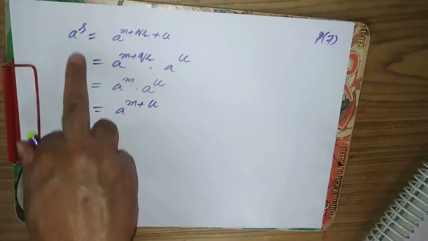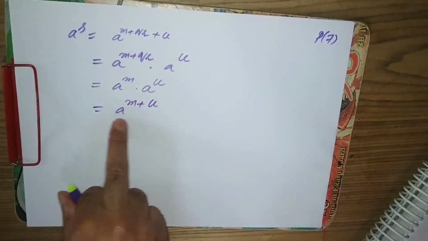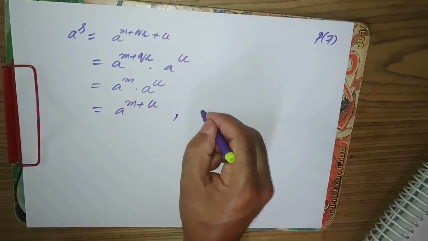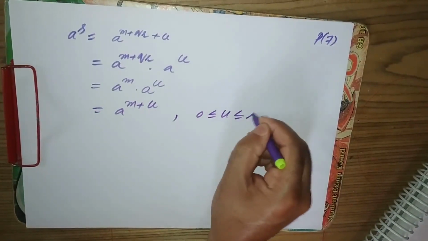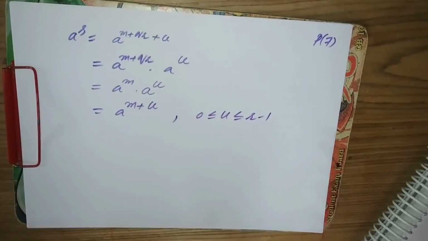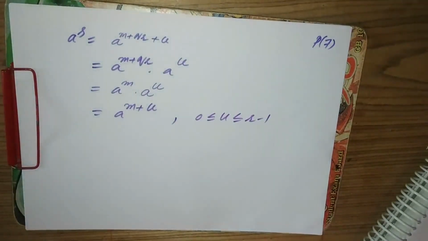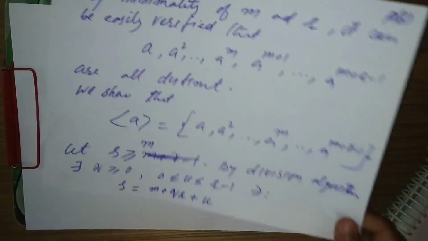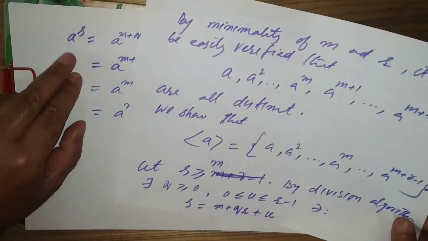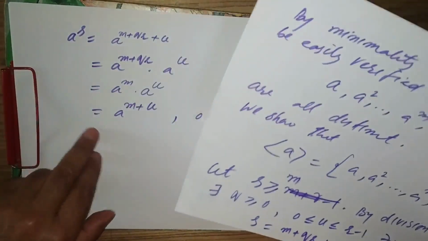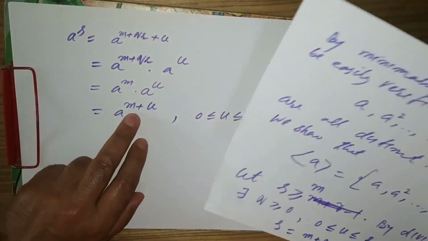So any power as far as greater or equal to m is equal to a power m plus u, where 0 less or equal to u less or equal to r minus 1. So for any other power which is greater or equal to m, because s is greater or equal to m, if s is equal to m, then a power m is equal to a power m, that's clear.